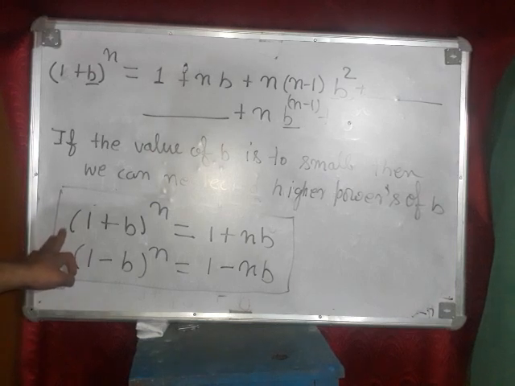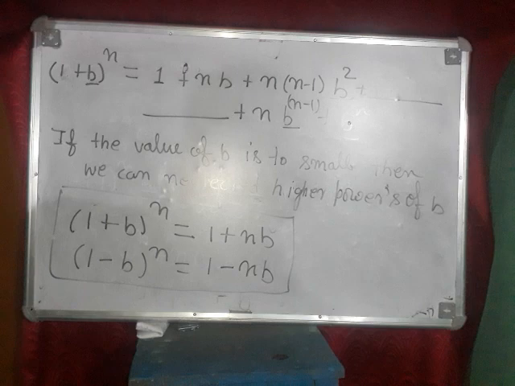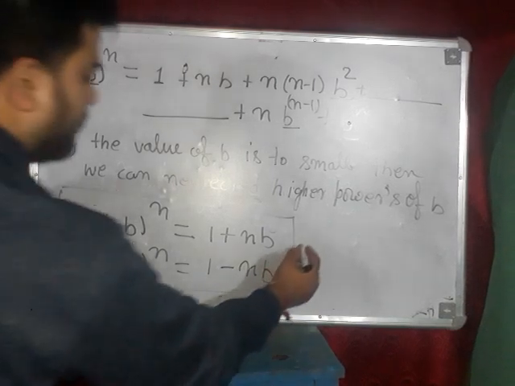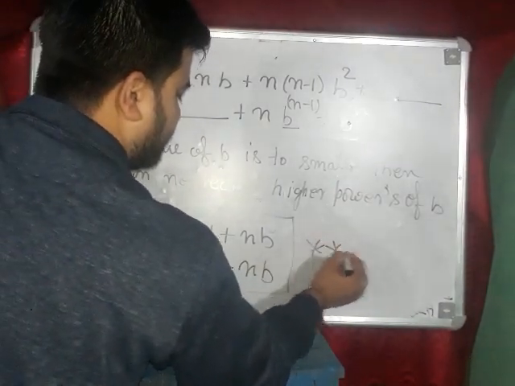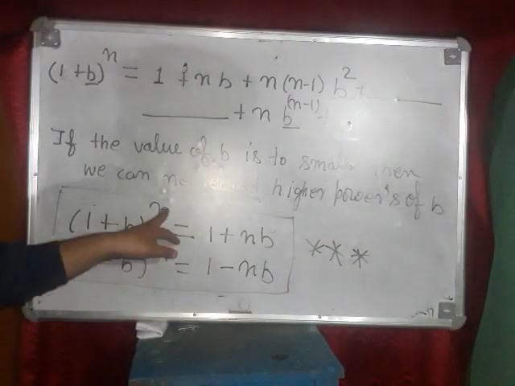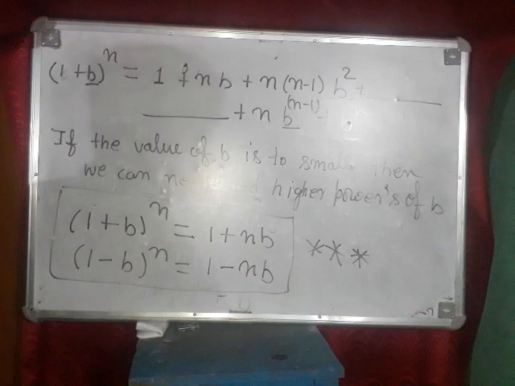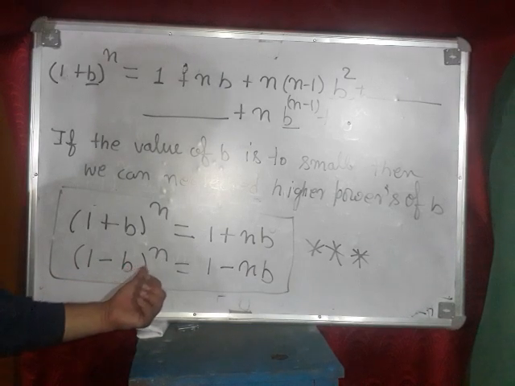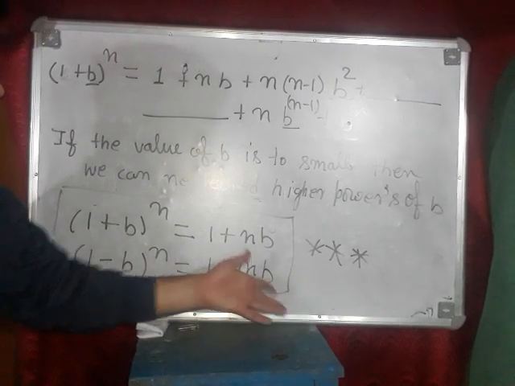We use these formulas on a large scale in physics in higher classes, so they are very important. (1+b)^n is approximately equal to 1+nb, and (1-b)^n is approximately equal to 1-nb.